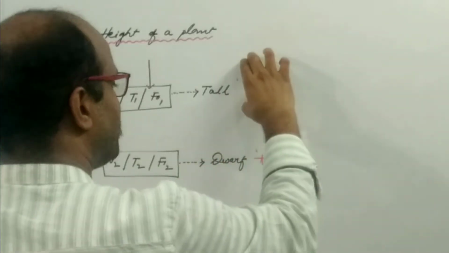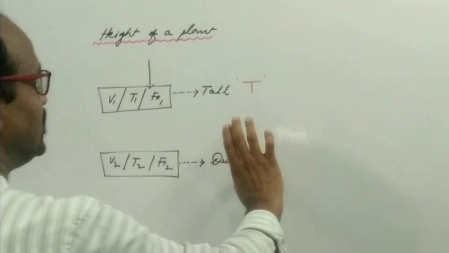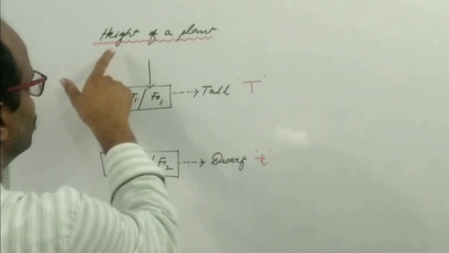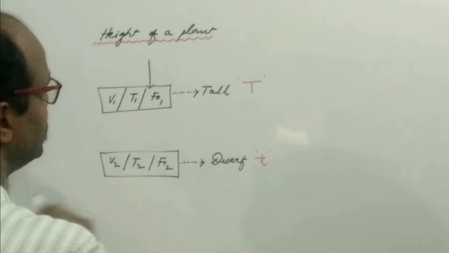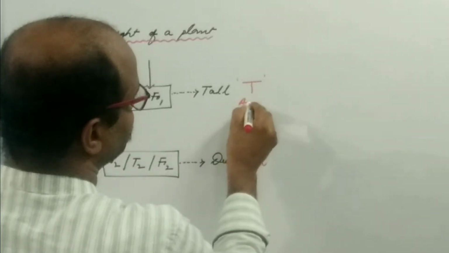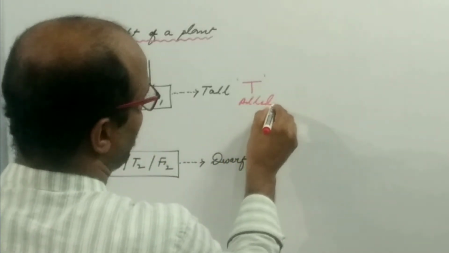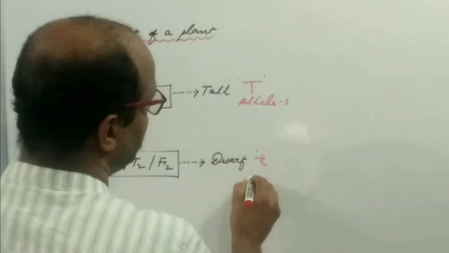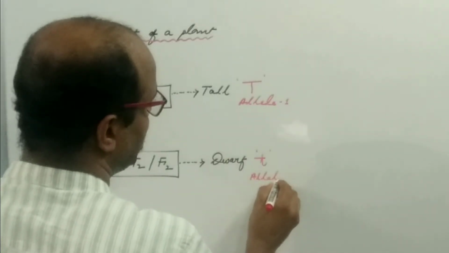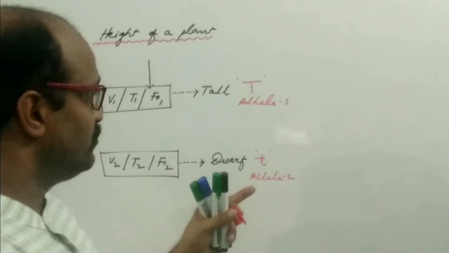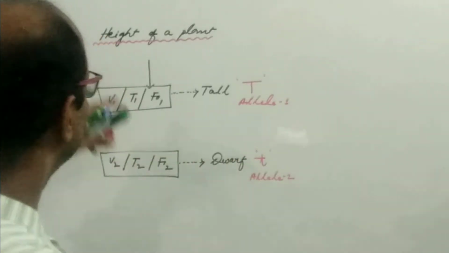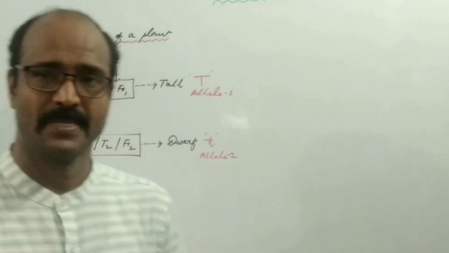That's why capital T and small t are the two alternate forms of the same gene, and these are known as alleles. This is allele 1 and this is allele 2. So according to Mendel, each gene has two forms, meaning two alleles.